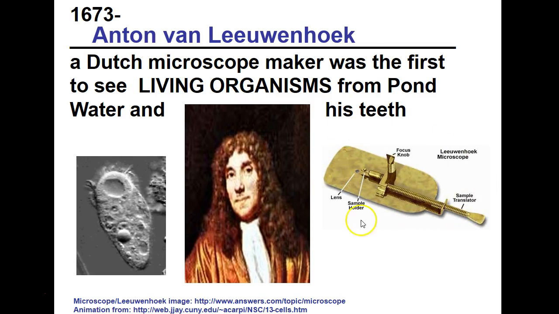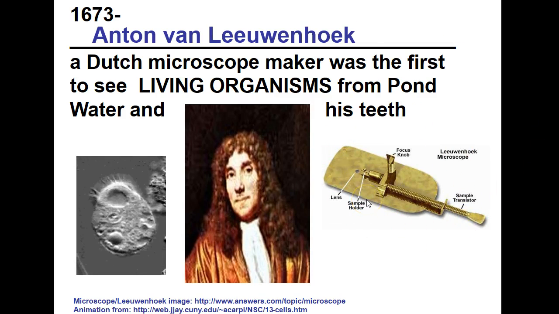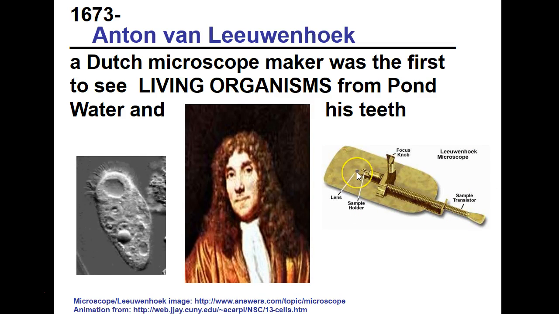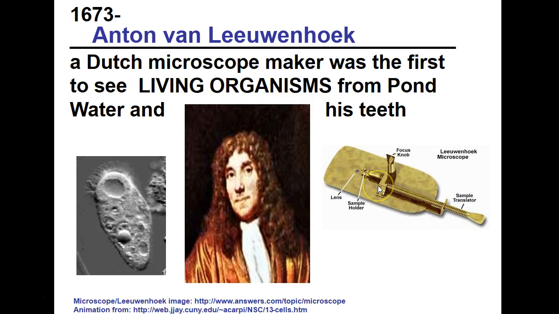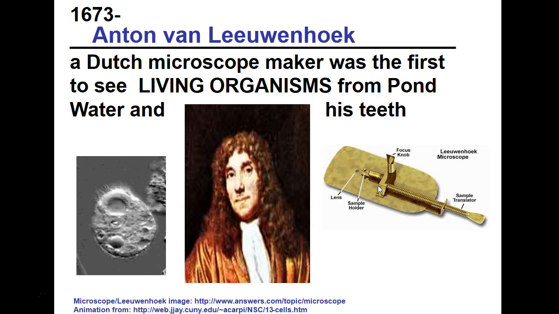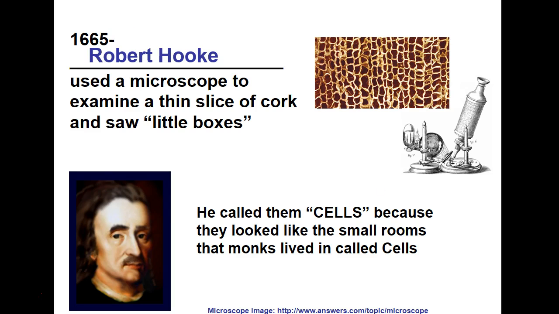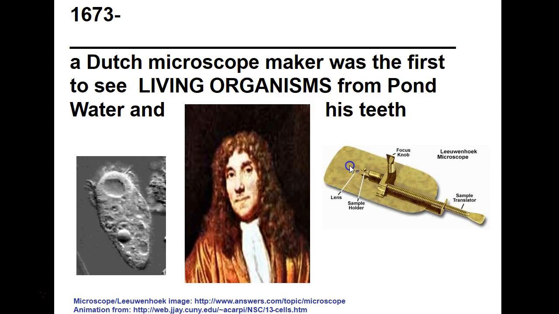And this is his microscope. The lens is what he held to his eye, and he was able to see things living under the microscope. Go back, Robert Hooke, his things were already dead, so he didn't see living things. He saw things that used to be alive, but were no longer living.